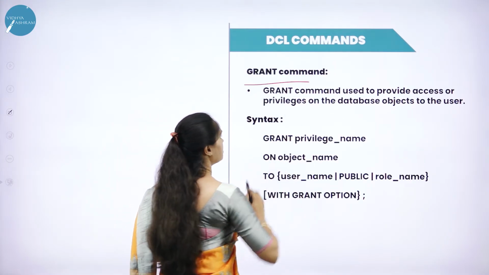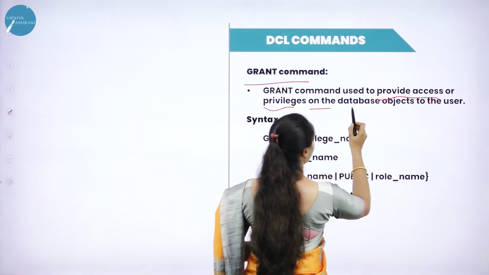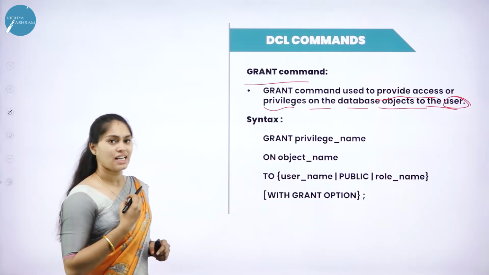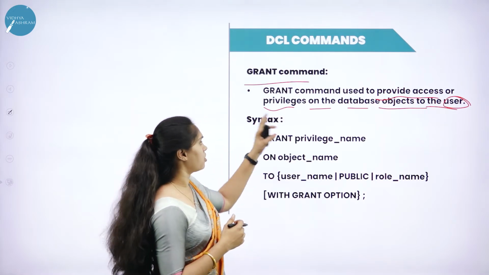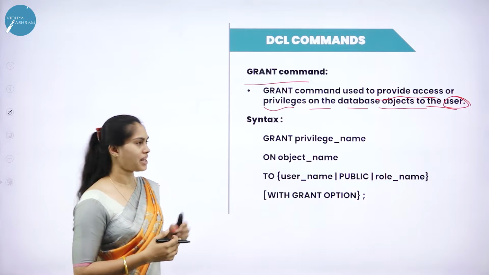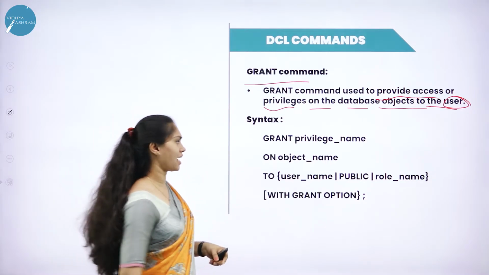Grant commands are used in order to provide access or privileges on the database objects to the user. So if the user is getting a permission or getting access in order to use the privileges of a database, then that kind of command will be considered as what? Grant command. Then what will be the syntax for this grant command?